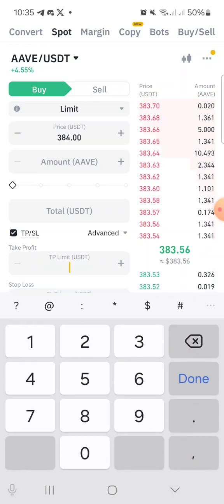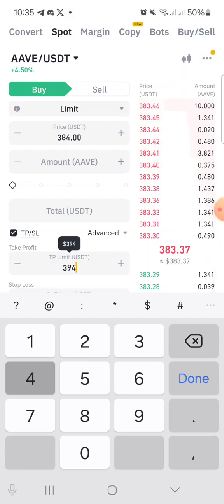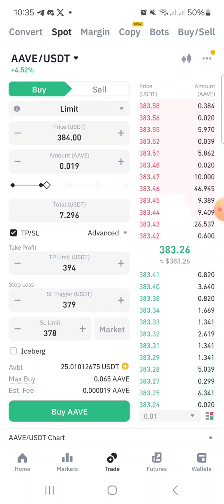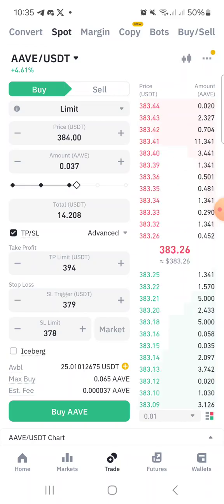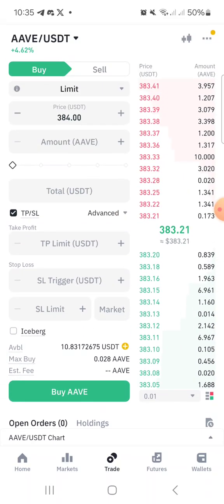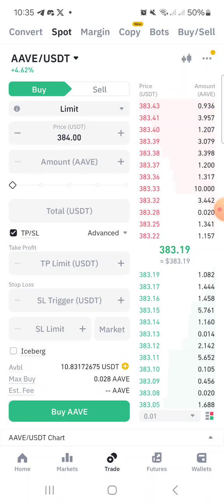Then my take profit, I want it at 394. Then how much am I buying? Let's say $14 of Aave. So let's buy this. And our order is created for Aave.